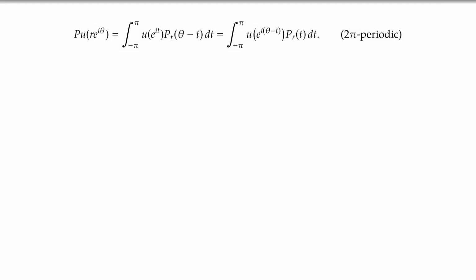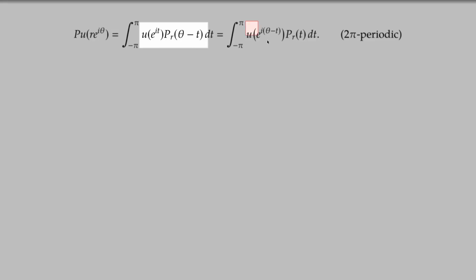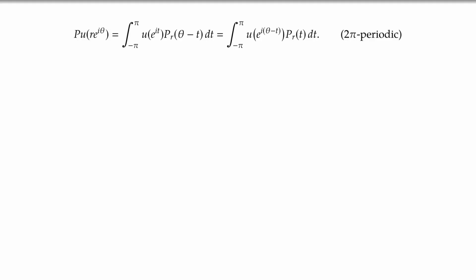All right. Now let's rewrite things a little bit. This is sort of standard. If we have a convolution, there are always two ways of writing the same convolution. Here, this is for a periodic function. So if you do the change of variables to get from here to there, you would get slightly different limits. But everything is 2π periodic, so you can move those limits back to minus π.